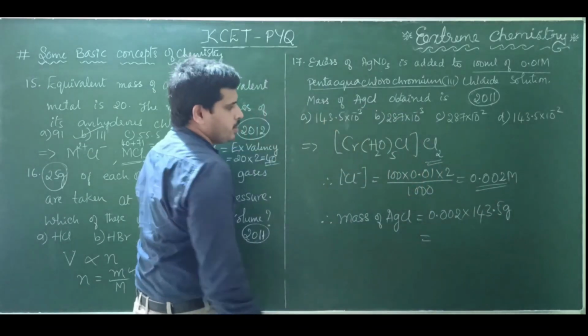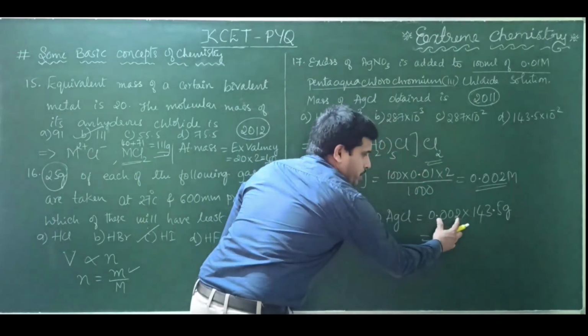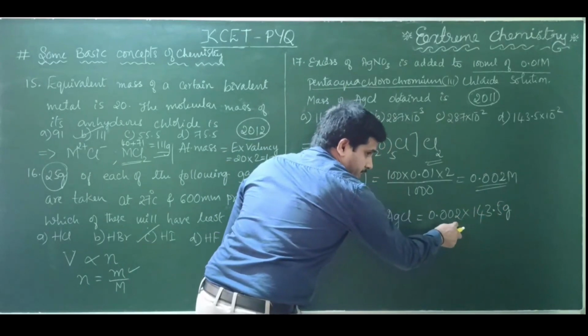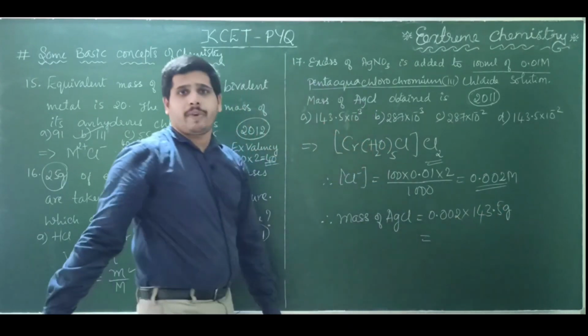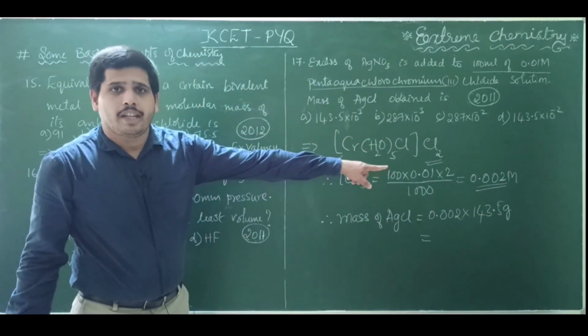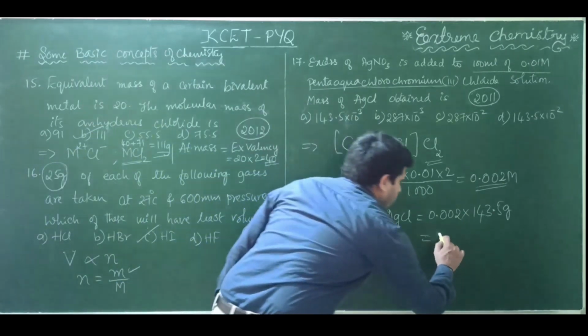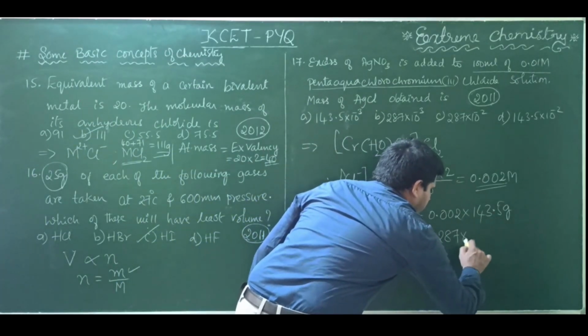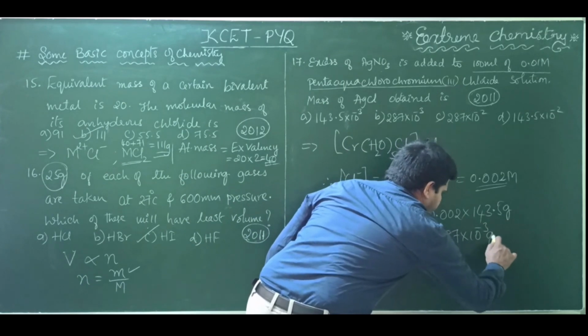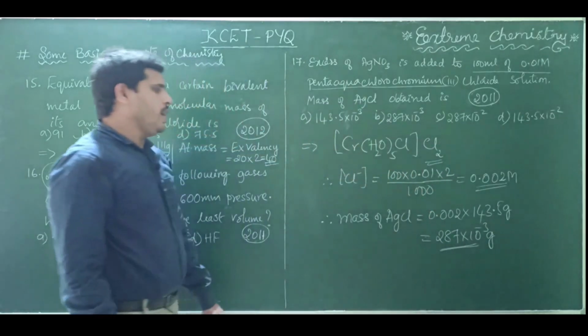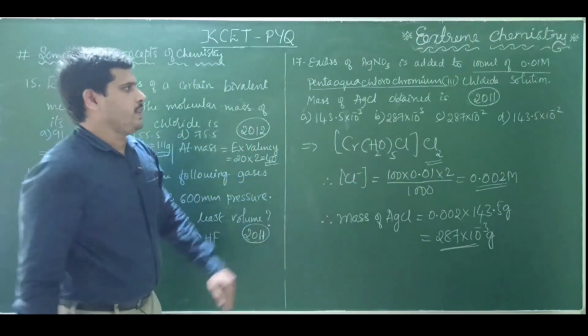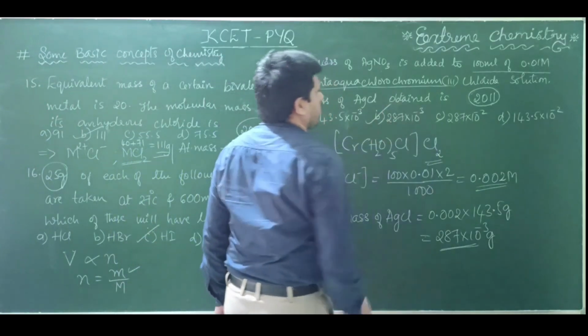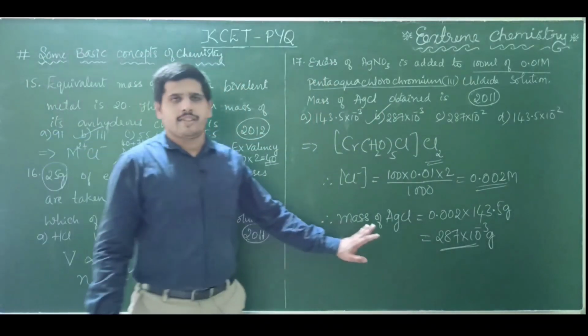I'll write this as 2 into 10 raised to minus 3. 2 into 143.5 is 287, so 287 into 10 raised to minus 3 gram. So this is your silver chloride which is going to get precipitated. So what is the option? Option B is the right choice in this case.